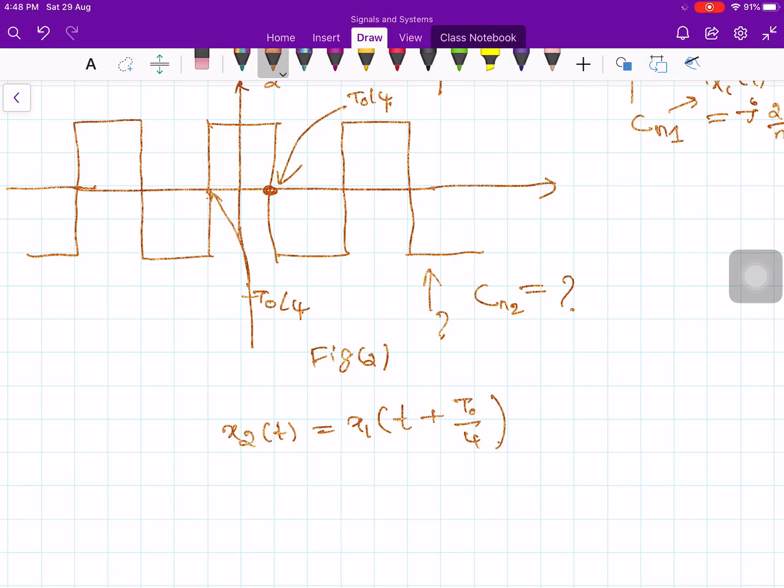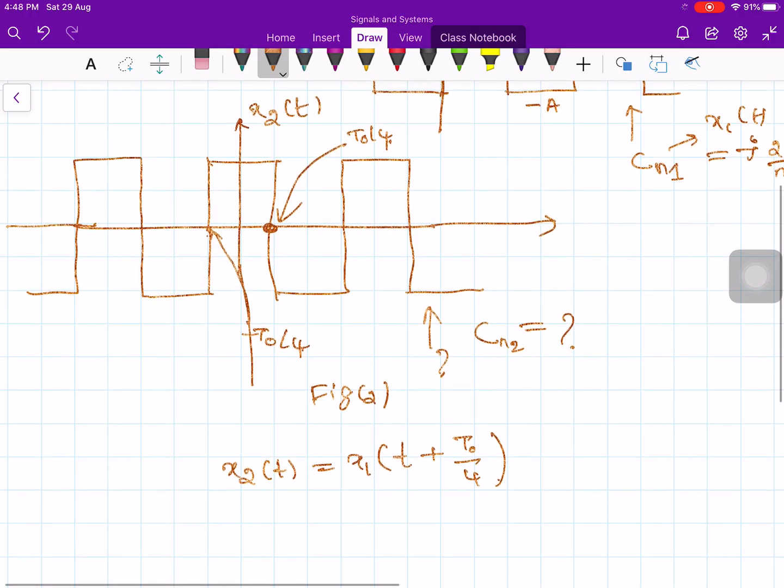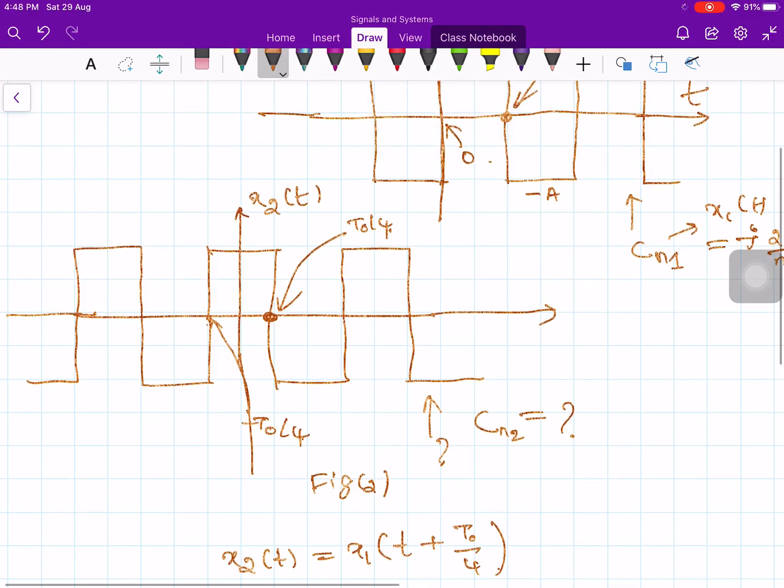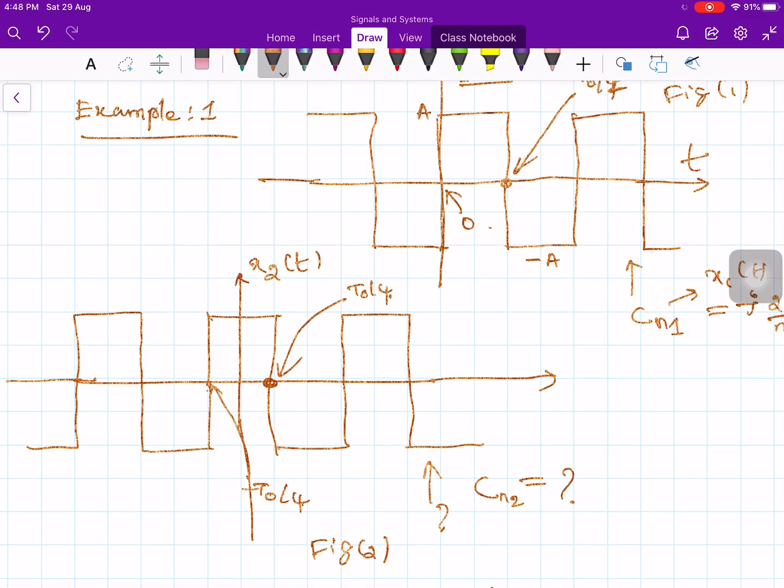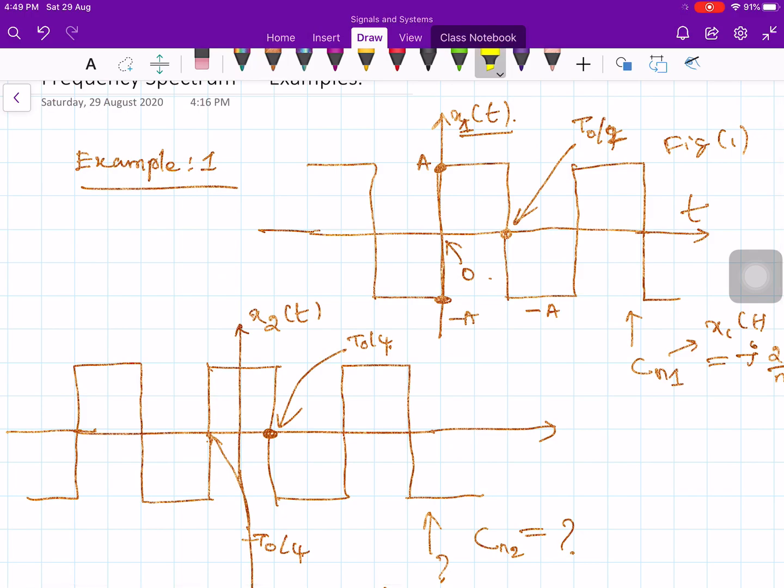Suppose similar events are made to occur t naught by 4 seconds earlier than in the waveform x1 of t. In x1 of t, a rise from negative a to positive a occurs at 0. See, this point it is minus a and this is positive a. So negative a to positive a occurs at the 0 point.